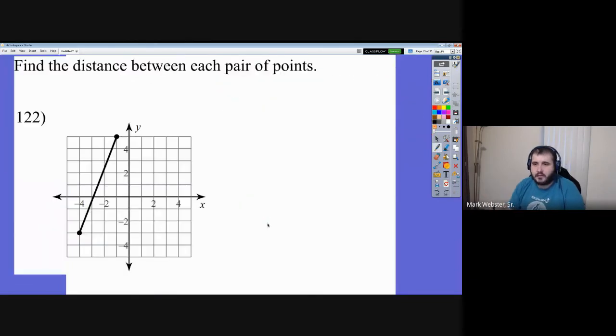Lastly, the only other thing I have for you is just the exact same thing, but in picture form. As with the other stuff, there's multiple ways to do this. My favorite way to do this is to turn this into a Pythagorean theorem problem.